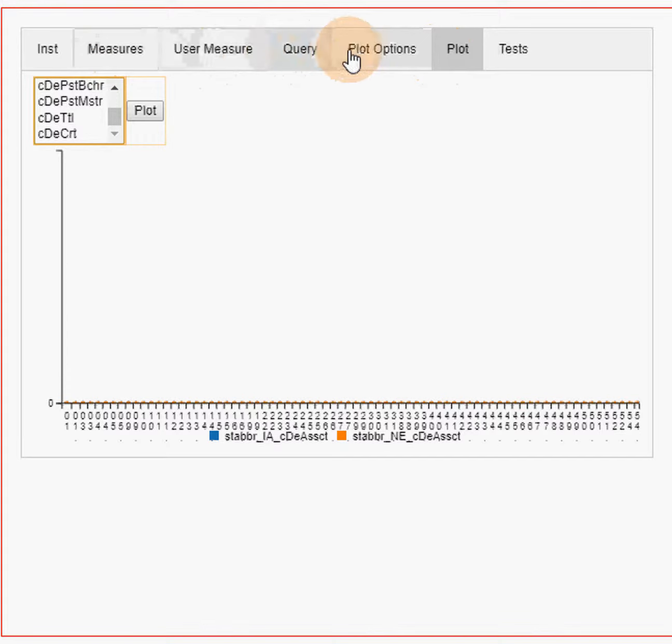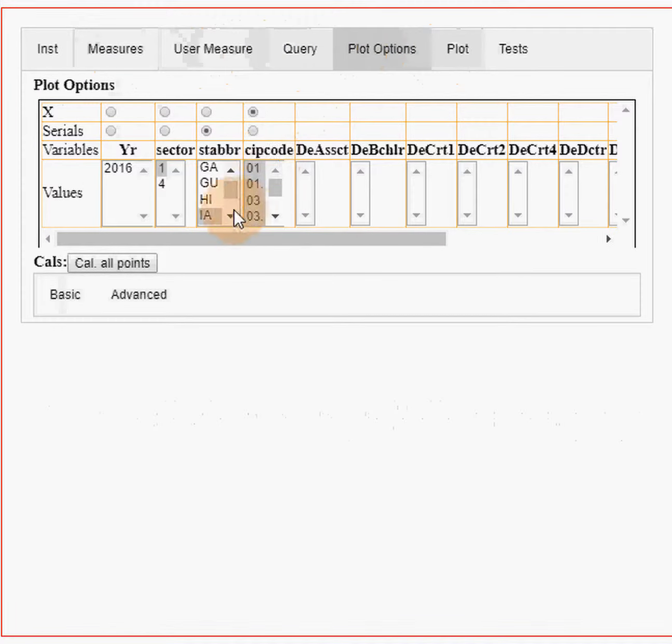The other way you can compare the state is by making the state as the x-axis. So let's select all of the states as the x-axis, and let's select SIP as our series.